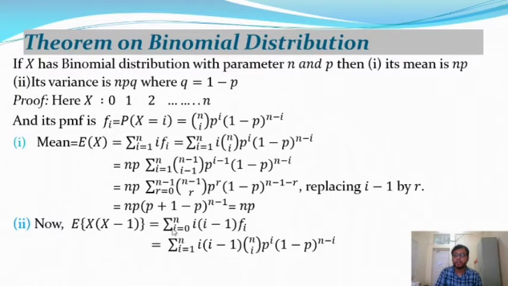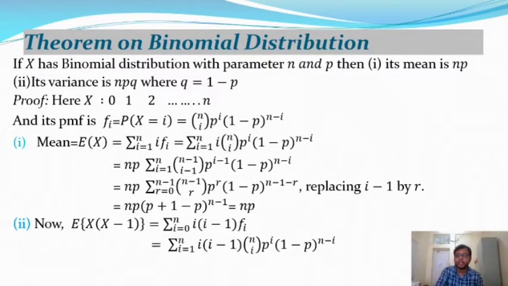After putting the value of f(i), it gives the summation over i equals 1 to n of i into (i minus 1) into nCi p to the power i into (1 minus p) to the power n minus i. Now i factorial is equal to i into (i minus 1) into (i minus 2) factorial.